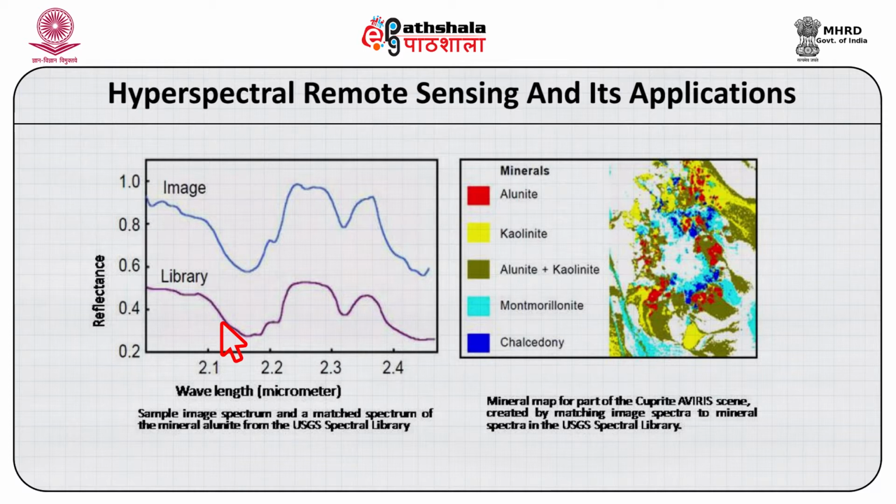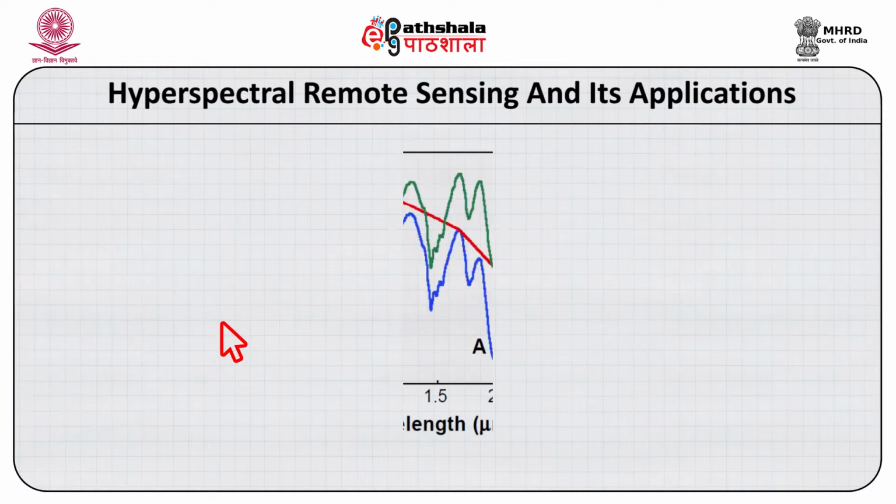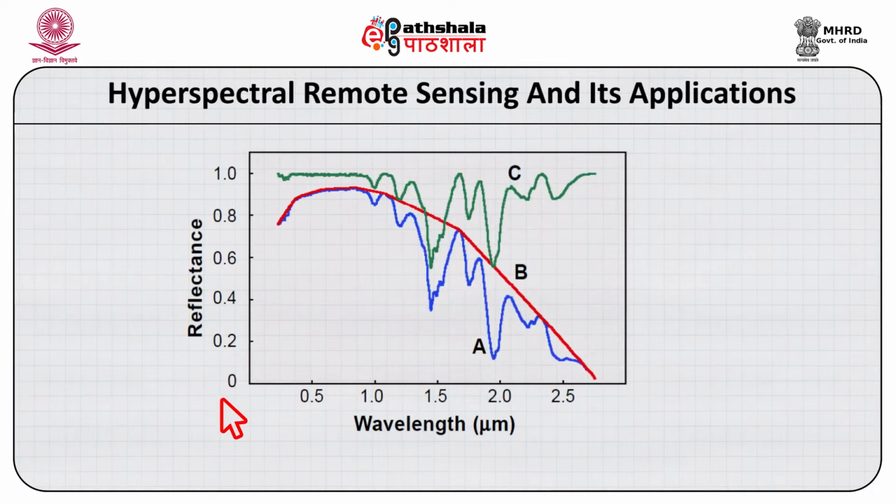Now, if you see figure 11, it shows the reflectance reference spectrum of the mineral gypsum. It shows what kind of reflectance there is in a particular wavelength region for gypsum. For gypsum, in the wavelength region, A is with several absorption features, the B curve shows the continuum for a spectrum, and C is the spectrum after removal of the continuum.